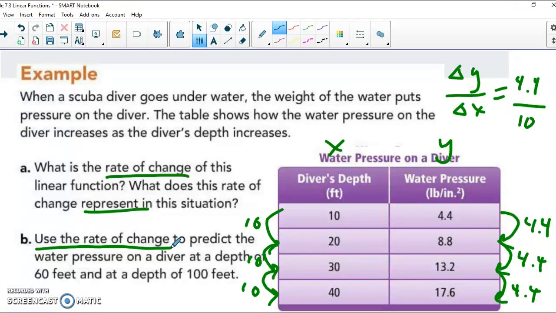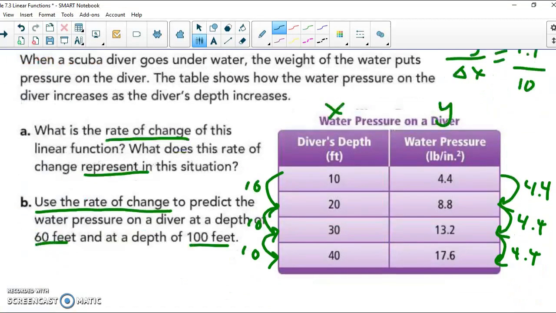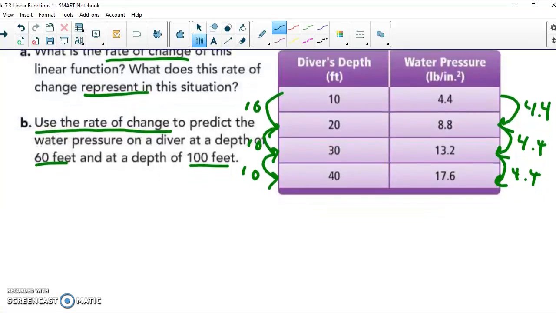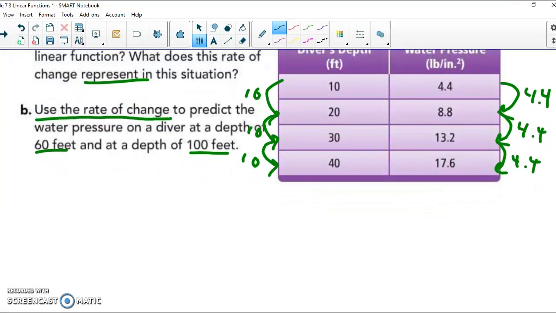So if I want to predict the water pressure on a diver at a depth of 60 feet and a depth of 100 feet, then I'm going to need to take and extend this pattern. So I'm going to continue adding 10 until I get to 60 feet so that I can extend this table.